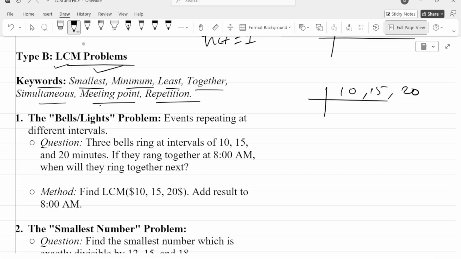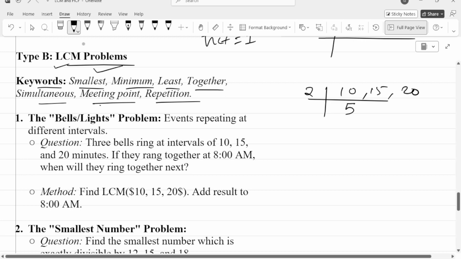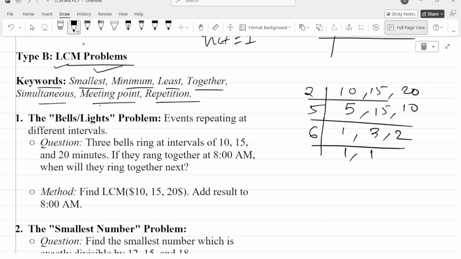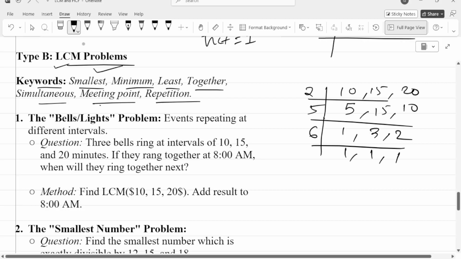So first we take a smaller table value, the 5 table. 10 and 15 and 20 come in the 5 table. Directly I take 5 ones are 5, 5 threes are 15, 5 fours are 20, and they come with the 60 table. So the LCM is 60 minutes, which is equal to 1 hour.